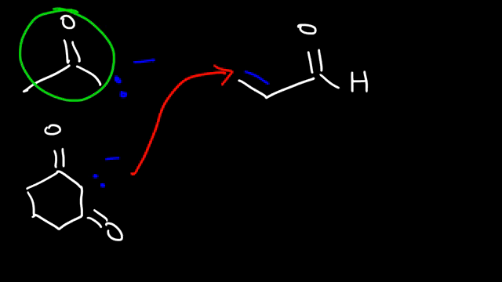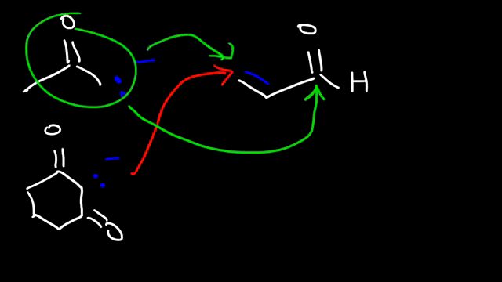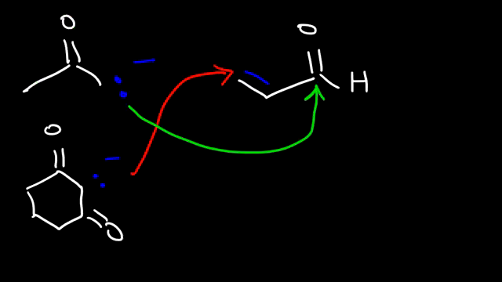Now, this is a stronger base, so it's going to favor direct addition. Now, this could do both. It can still attack here, so keep that in mind. You can get both products. However, this is going to give you a better yield for the Michael reaction, which will lead to a better yield for the Robinson annulation reaction. So just remember that weak bases favor conjugate addition, attack at the beta carbon, and strong bases favor direct addition, attack at the carbonyl carbon.